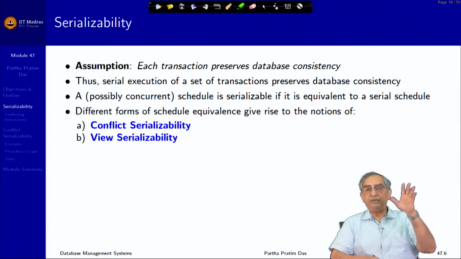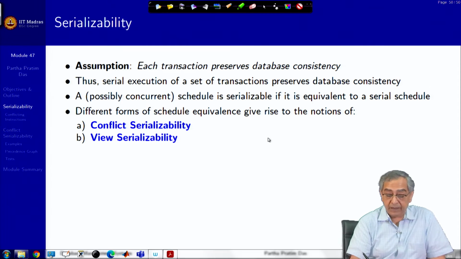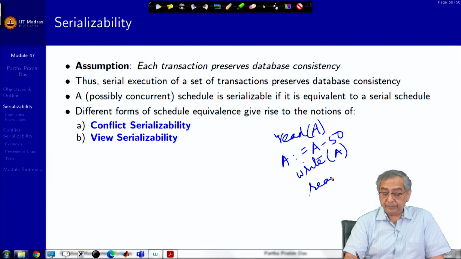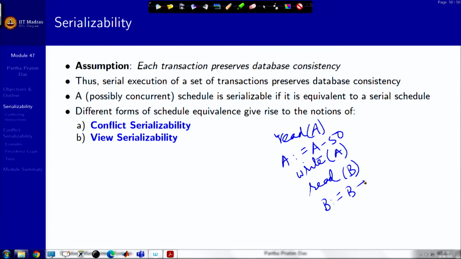If a transaction by itself has a logical error, like read A, then A assigned A minus 50, write A, then read B, B assigned B plus 40 and write B. This is a valid transaction, but I have reduced A by 50 and increased B by 40.